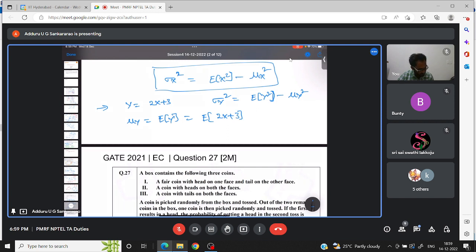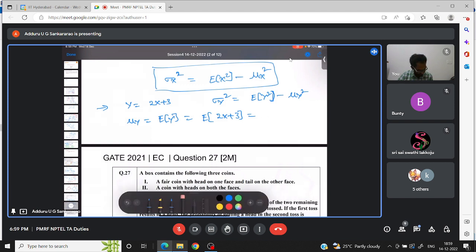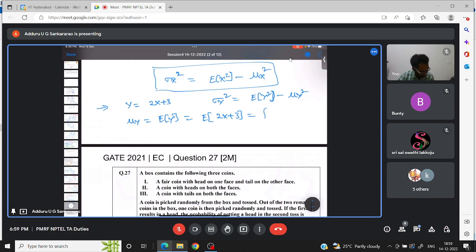This is the integral from minus infinity to infinity of (2x plus 3) times fx of x dx.